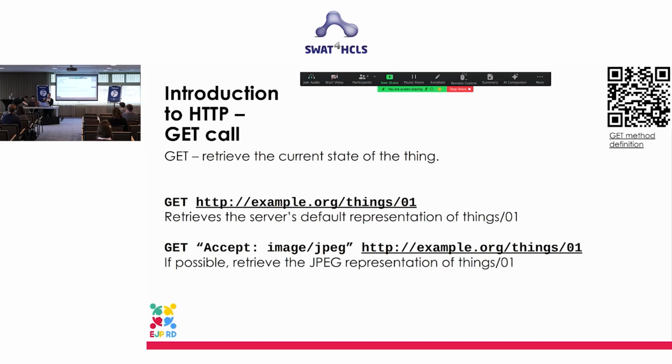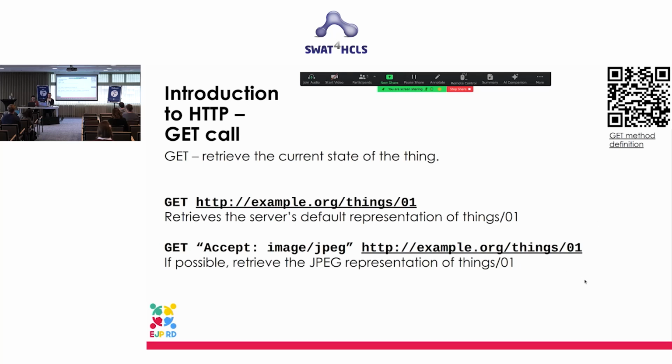Okay, so first we'll go over the get call. You have the method definition on the QR for each of these calls, so you can check if you want. But get retrieves the current state of the thing. So if, for example, we say get HTTP example.org things1, we would get the default representation on that server of things1.